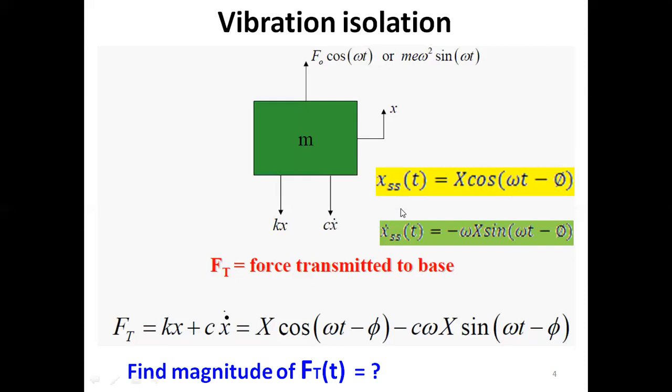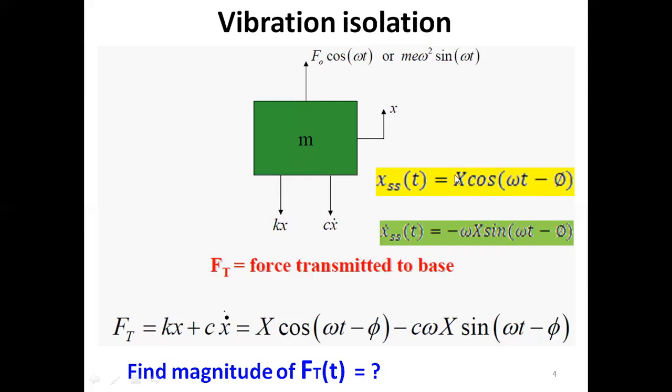For the steady state response, if the excitation is harmonic, the response of the system would also be periodic and sinusoidal, and we could mathematically write that displacement as x steady state of t is equal to capital X cos(omega t minus phi).